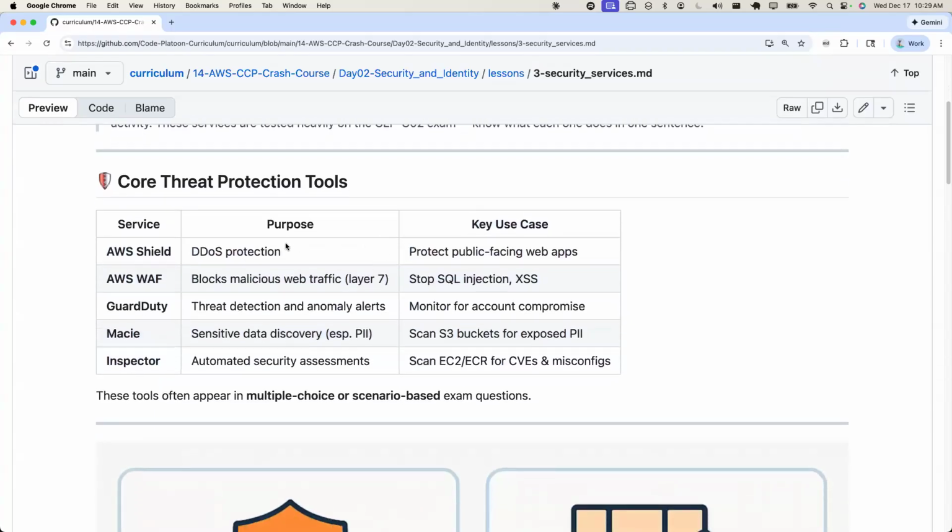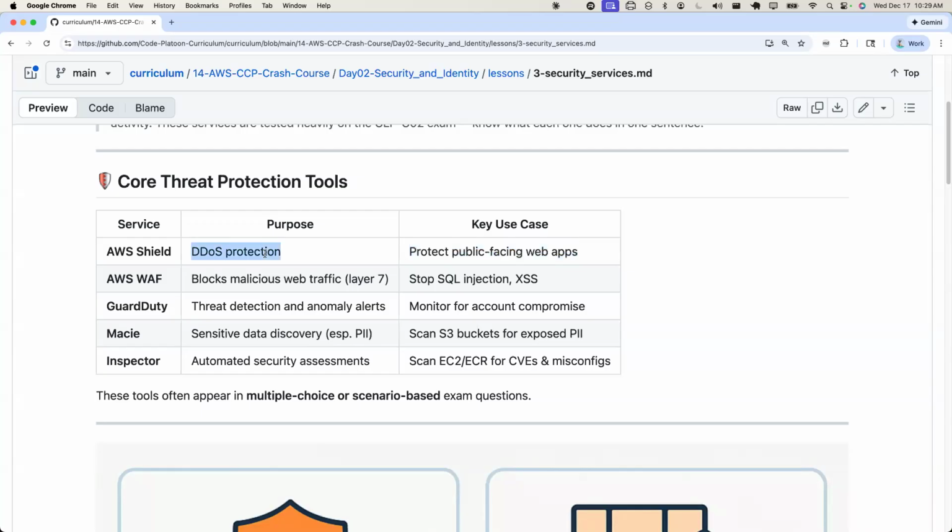So there's a bunch of different tools. One is called AWS Shield. Its job is to protect from denial of service attacks. So a key use case of this is protecting a public-facing website or a public-facing REST API.